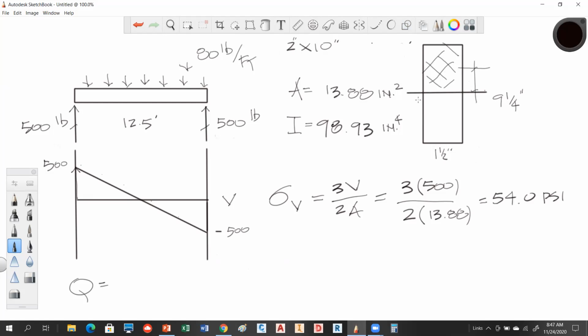So the area of that would be 1.5 times this distance, which would be half of 9 1/4. Everybody get this area? 1 1/2 times half of 9 1/4, right?